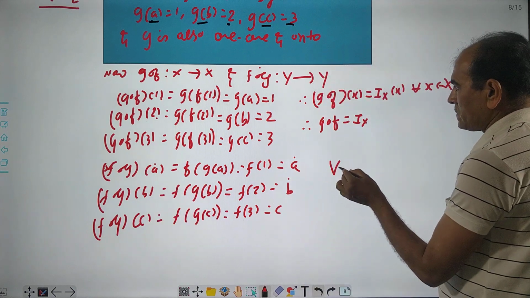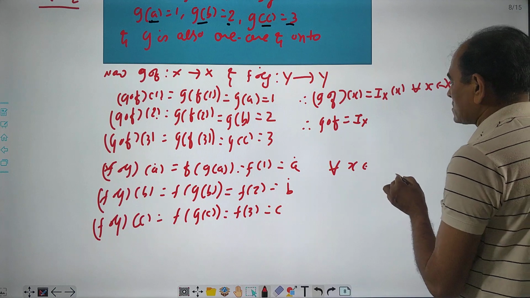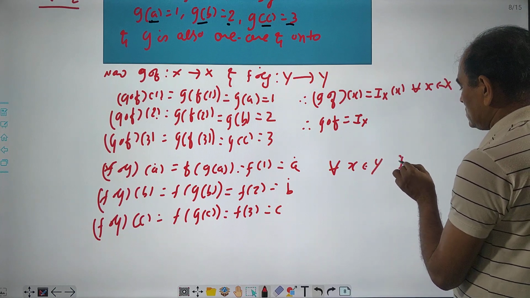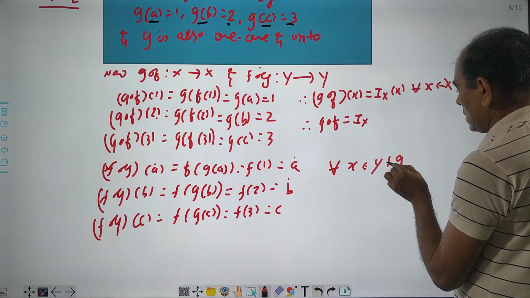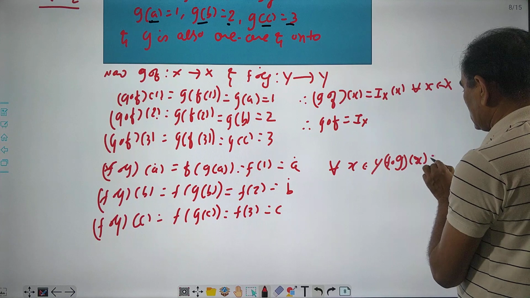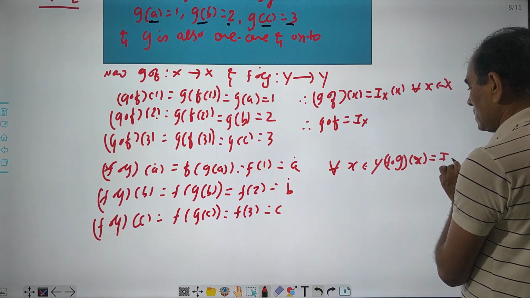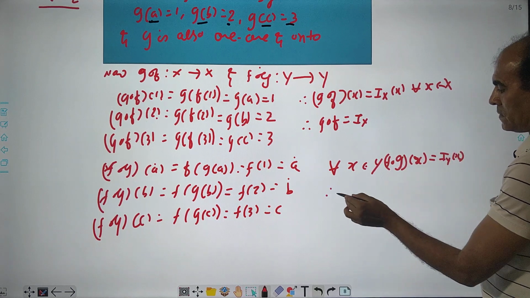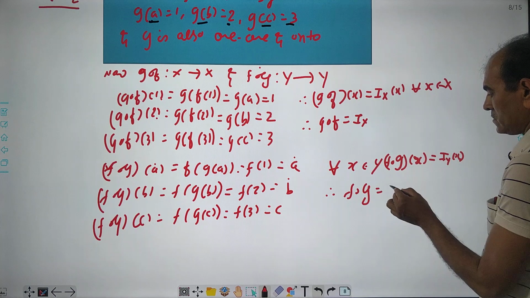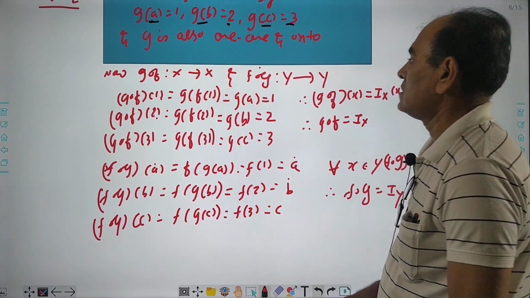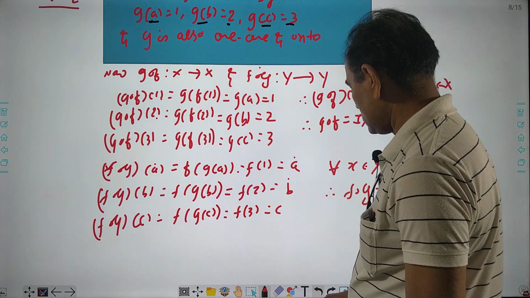So, we can write for all x belongs to Y, f of g at x is equal to Iy at x. And therefore, f of g is equal to Iy. See, this is the proof of this example.